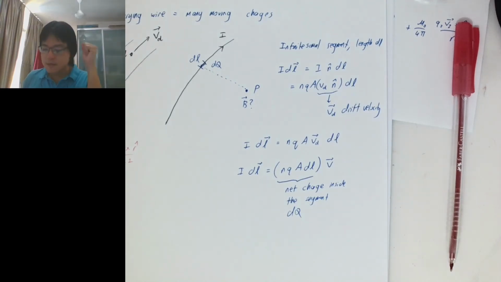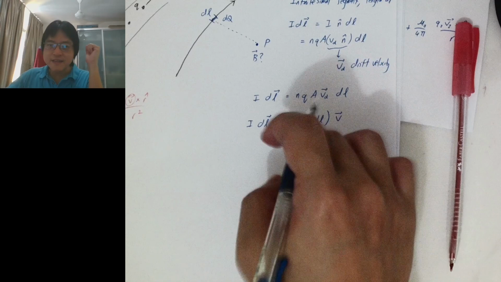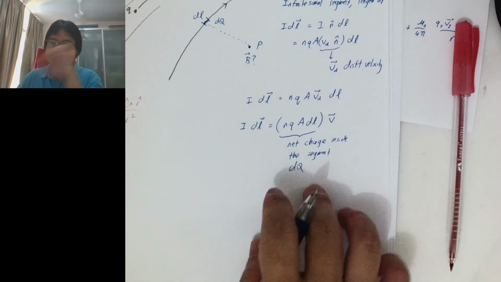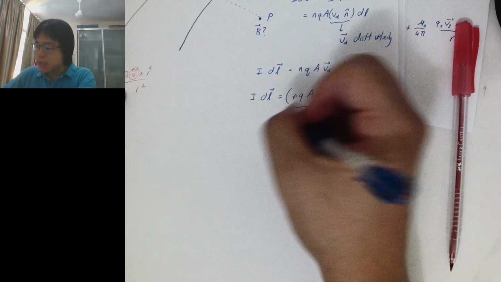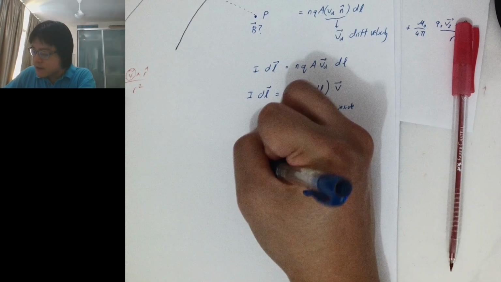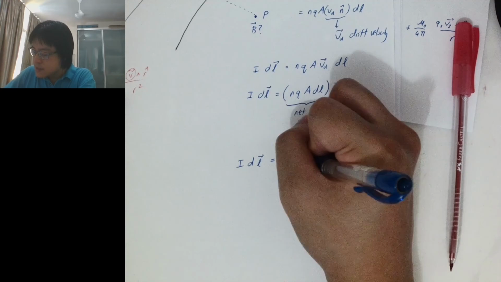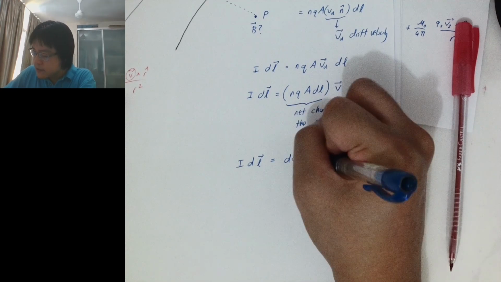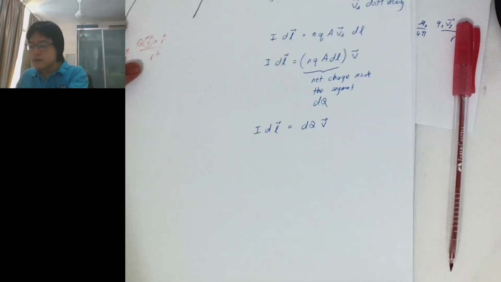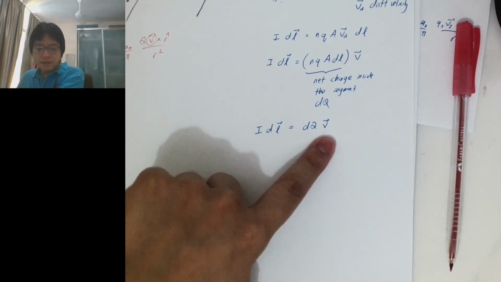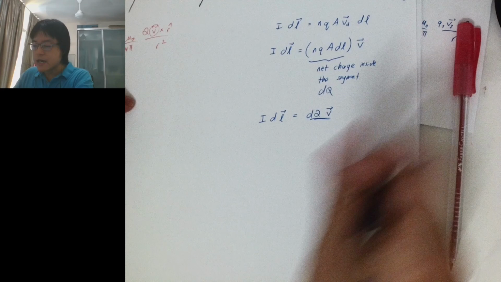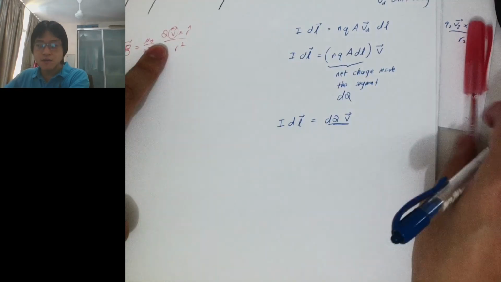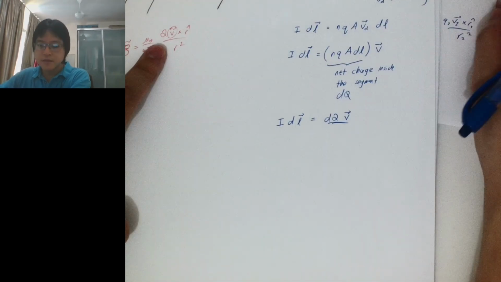At the end of the day these are details, so if you're confused, read it a second time once you know the spoiler. But the formula that I really want is dq and then v, so this is qv. Once I know this, I can use the Biot-Savart law over here already.